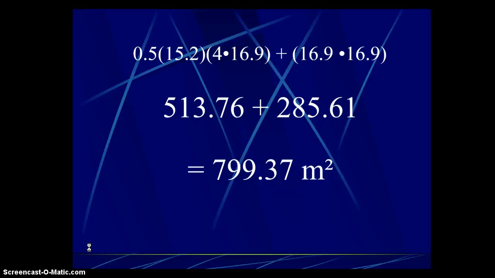So please go ahead and grab your calculator, multiply everything on the left of that addition sign, everything to the right of that addition sign, and then lastly we're going to add those two products together. And then because this is area, it's going to be meters squared. So when we add those two products together, 799 and 37/100 meters squared.